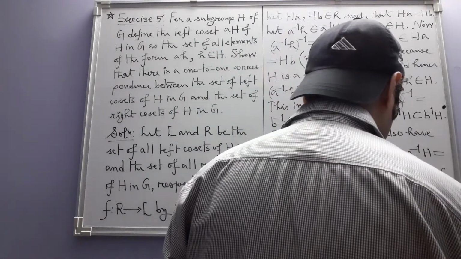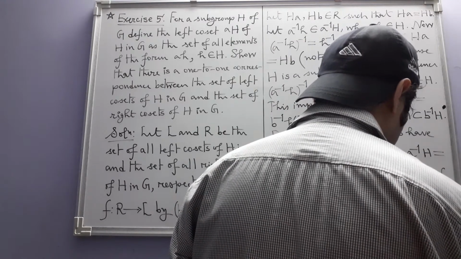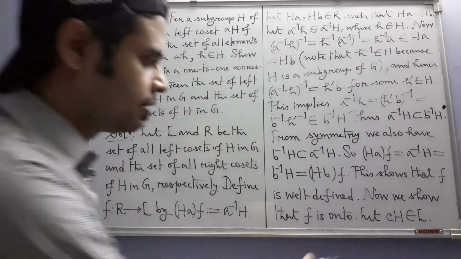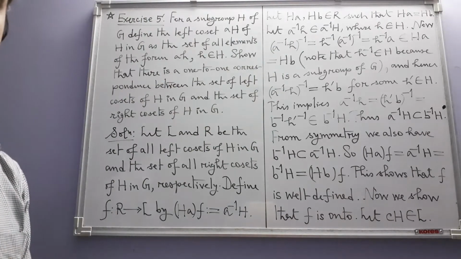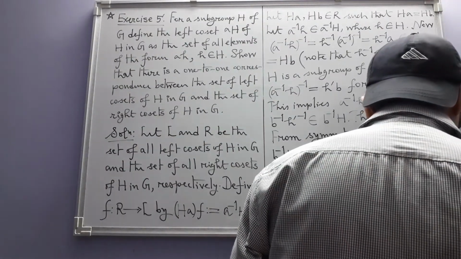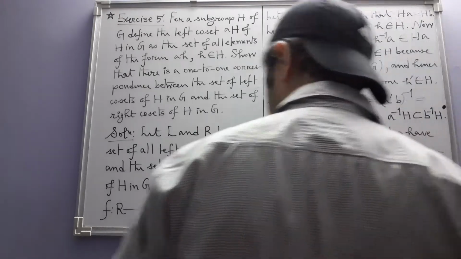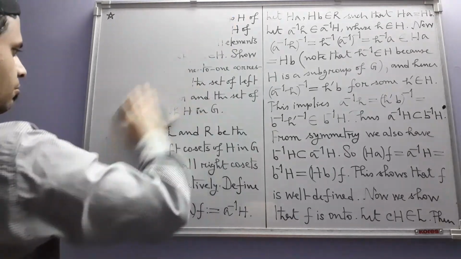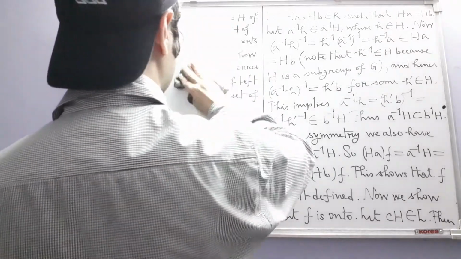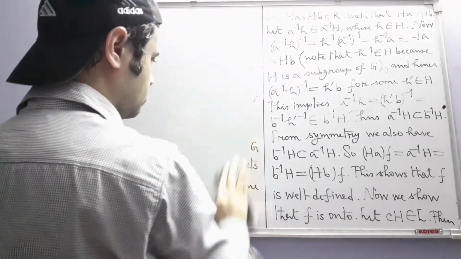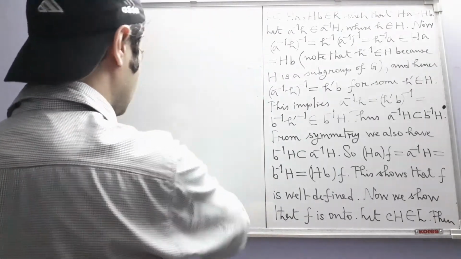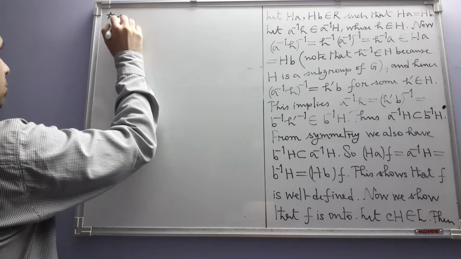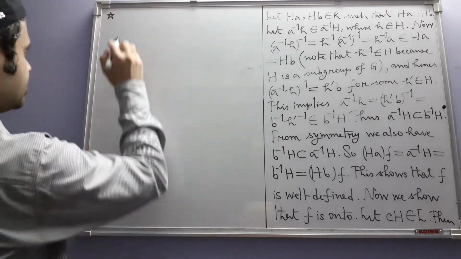Let any left coset, let CH be an element in L. When we say CH belongs to L, you have to understand that this C is an element in G. Then we can write CH like this.